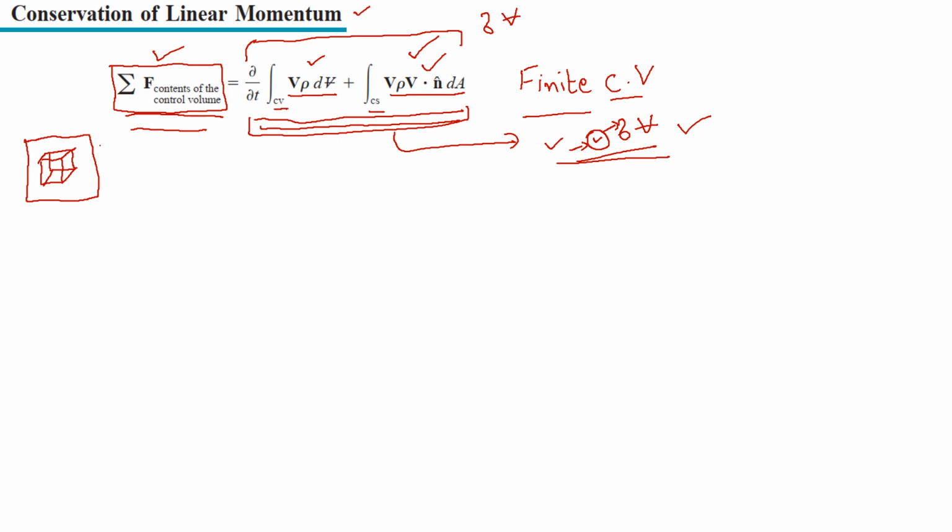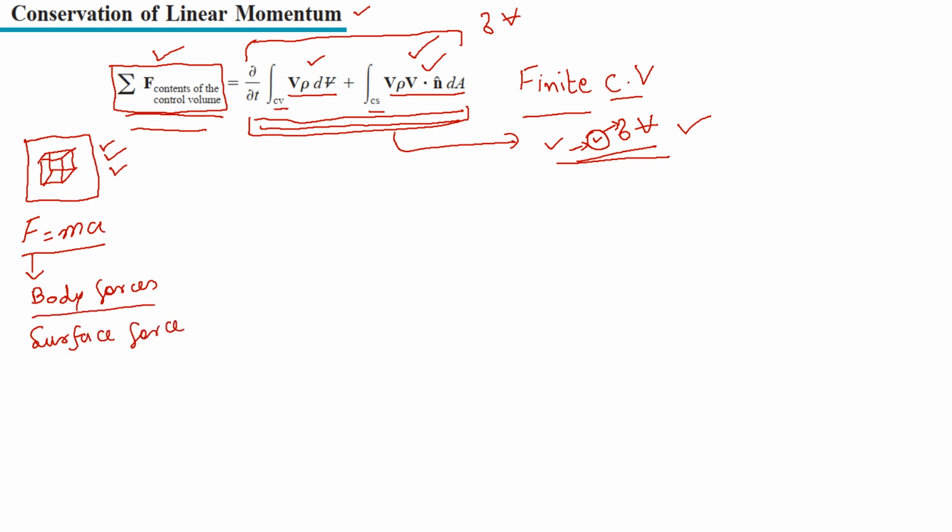That's what we will be more concerned about in this conservation of linear momentum when we write it in a differential form. We will write our equation of motion, that is F is equal to ma, for a single fluid particle, and then we will see what these forces will be when they are applied on it. So we will talk about two forces: the body forces and the surface forces.